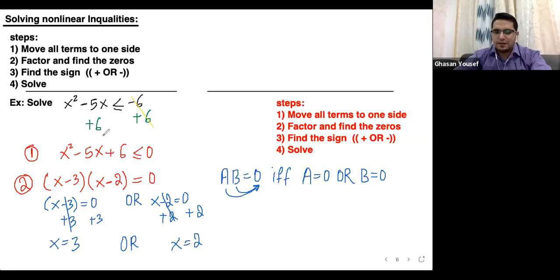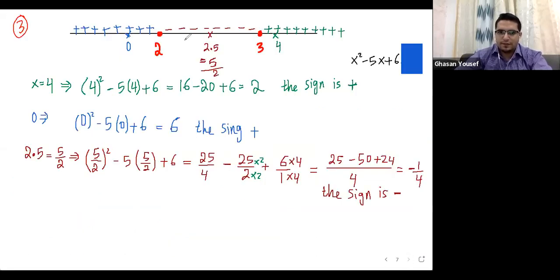Okay, this means, if no one knows, give me the solution when this will be negative, or when this has a negative sign. So in which interval will the equation x squared minus 5x plus 6 be negative or 0?